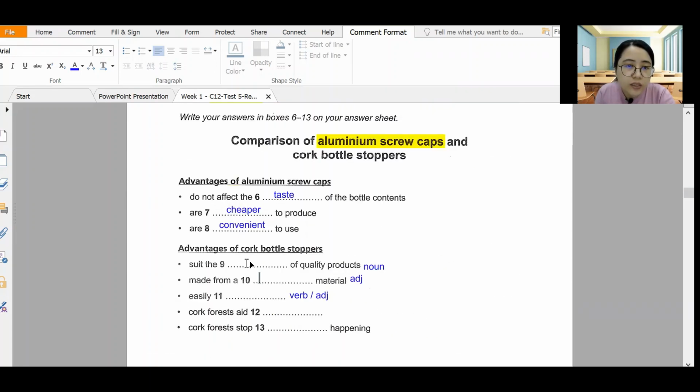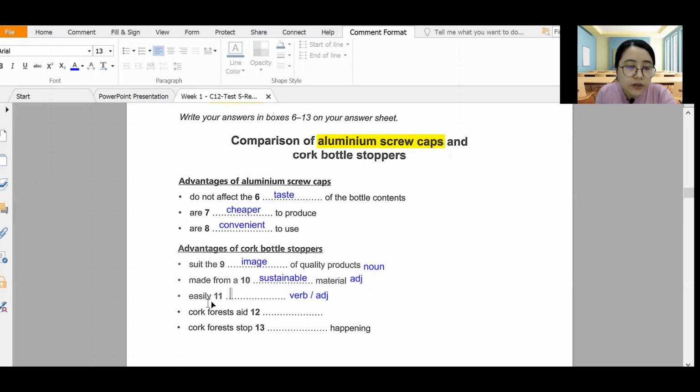The image of quality products. Image, and made from sustainable. Make sure you put the spelling right, because even if you choose the right word but you type it wrongly, then there's no point.